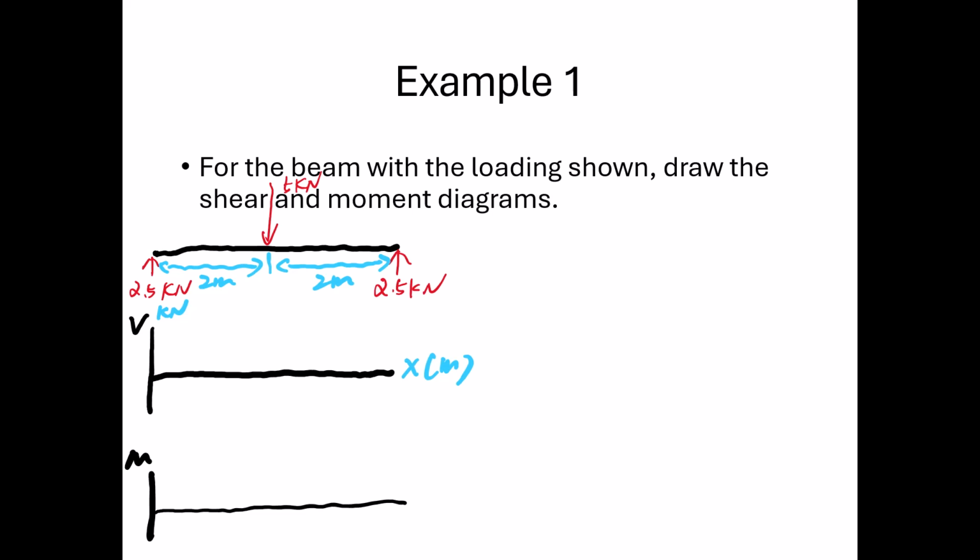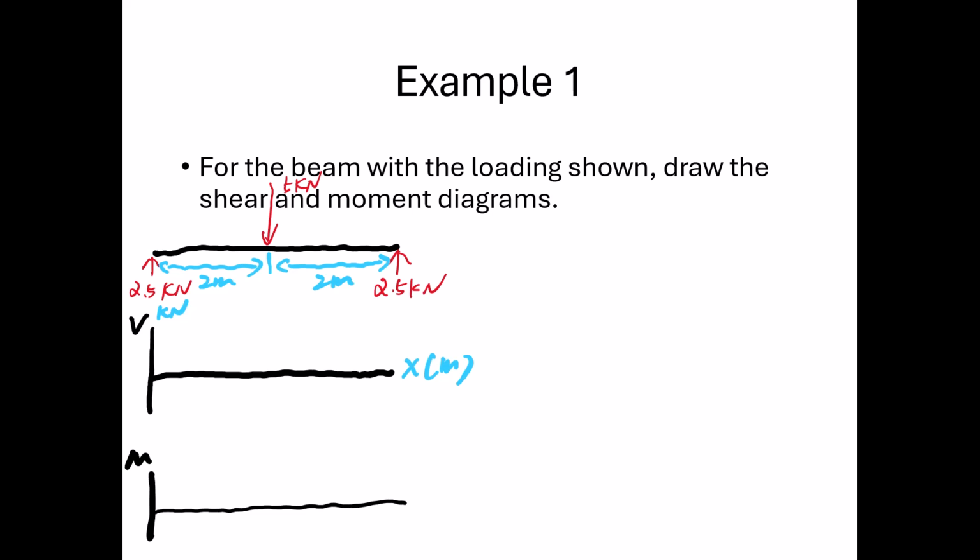Because we have the 2.5 reaction at point A, it makes our shear force go up to 2.5. And we keep moving on because there is no new force between point A and the middle of the beam, so it's a horizontal line until the middle.